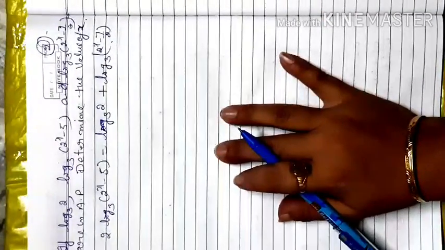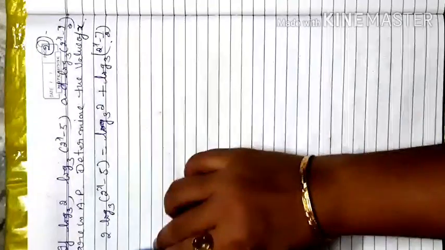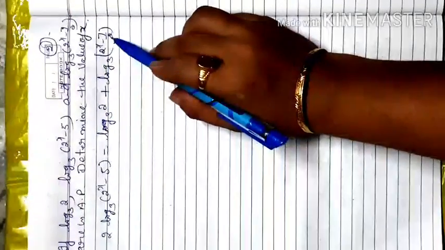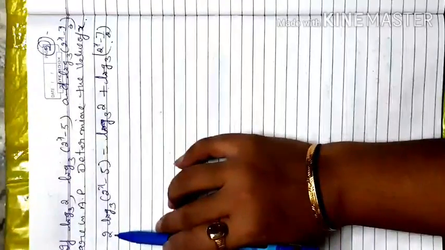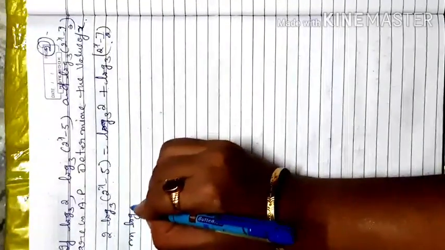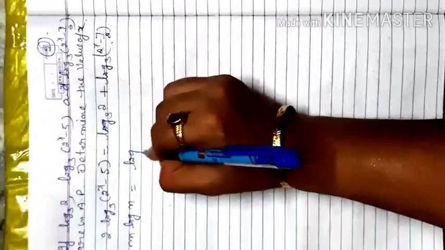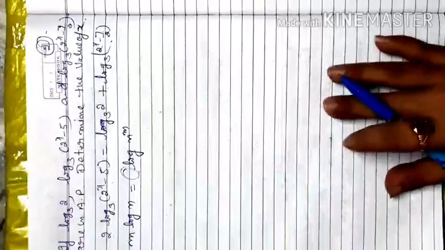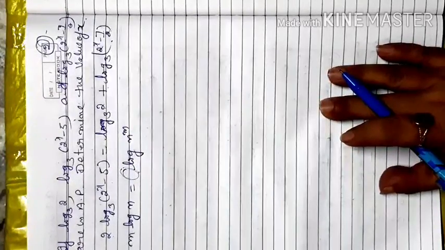Now next what I will do, first I have two rules. If you look at this, this is the log m plus log n rule, and this is the m log n rule. The m log n rule says that in log n raised to power m, the numerical term is shifted to accompany the log.